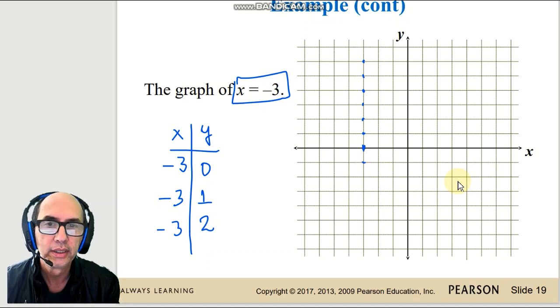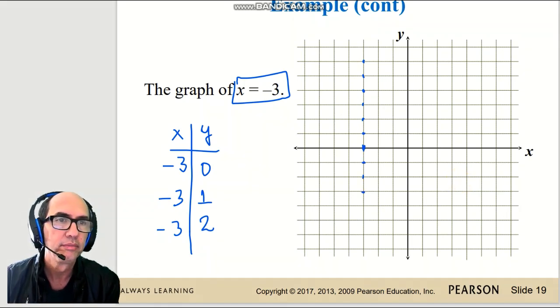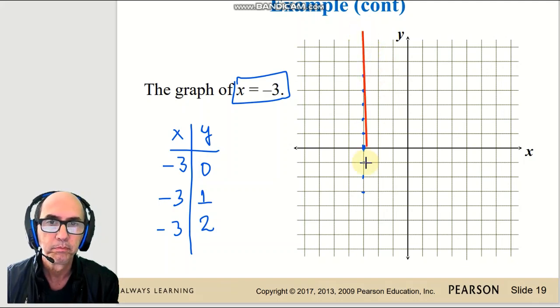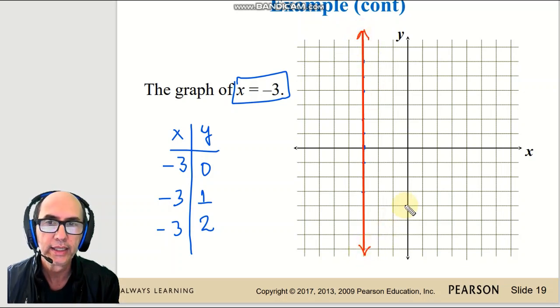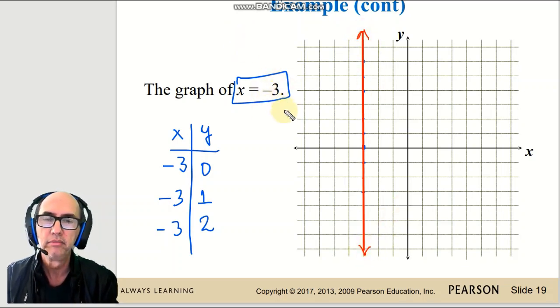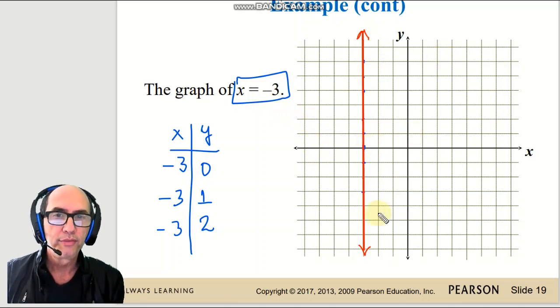And look what happens. You're going to have a vertical line. Makes sense? Every time you have an equation x equals a number, the graph will be a vertical line.